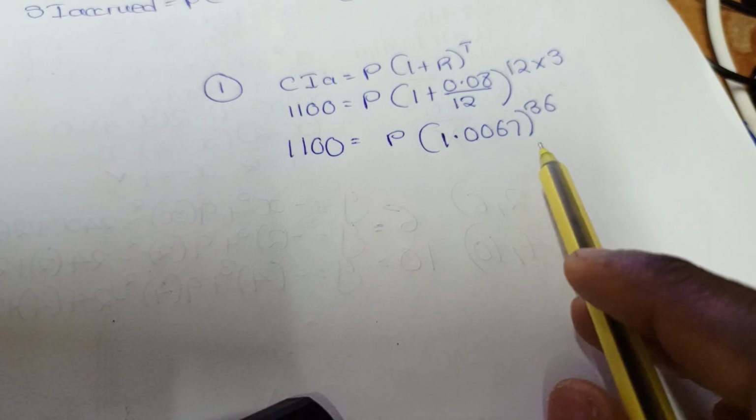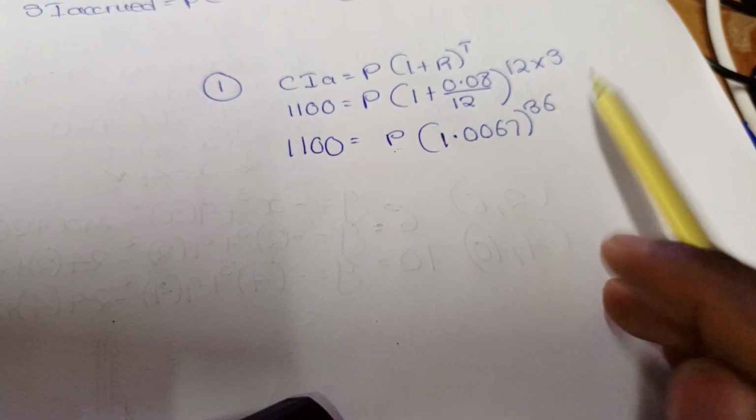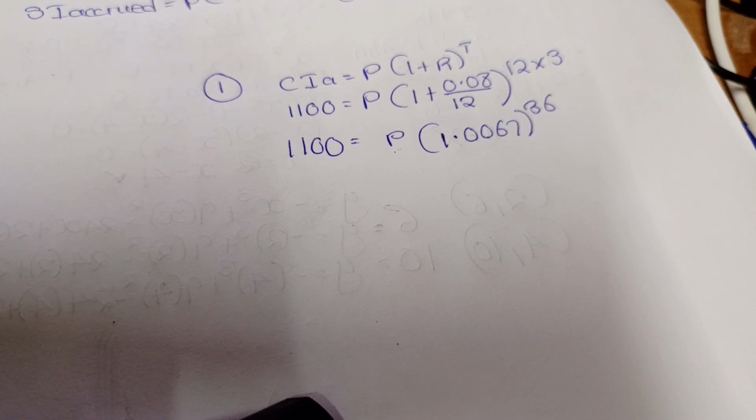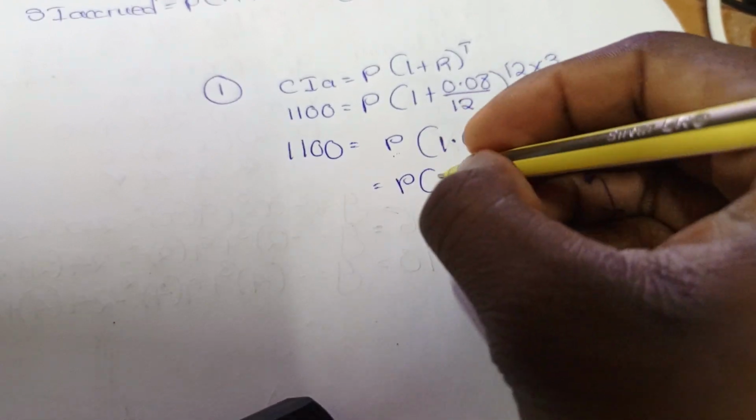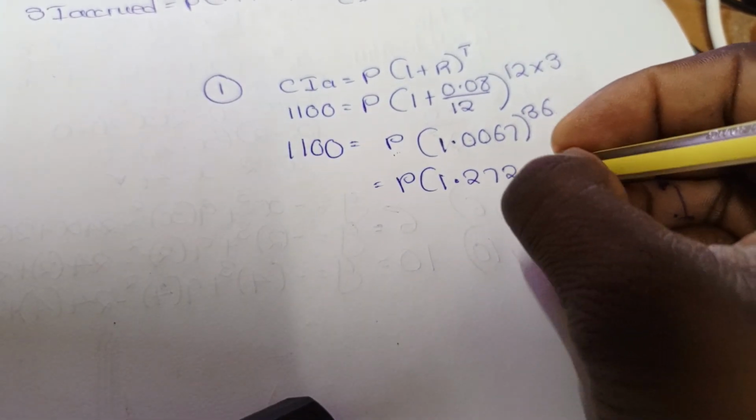Then remember, our main interest is to find the value for P. So 1.0067 to the power 36 is 1.272.